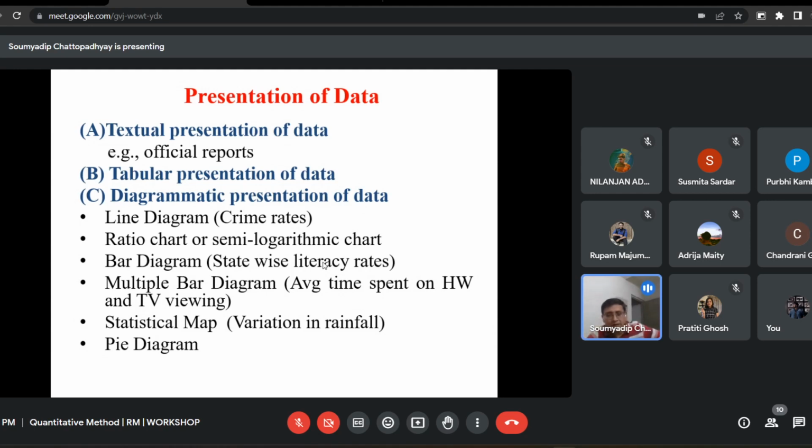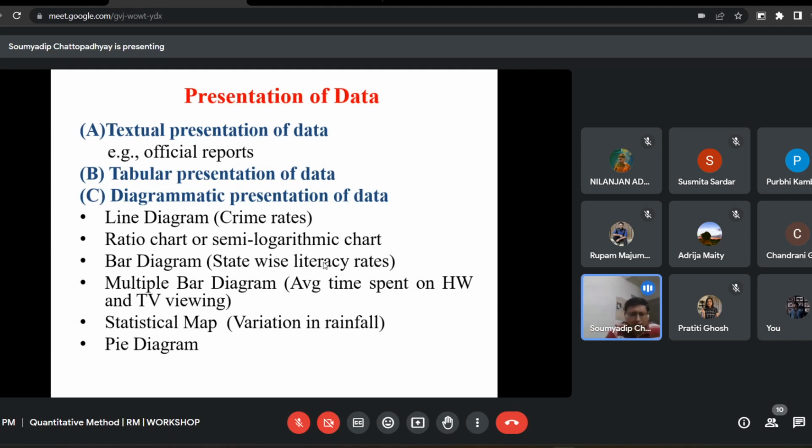Although all of us are familiar with this kind of thing, when we examine different MPhil or PhD theses, unfortunately it has been observed that many of us do not know how to properly represent the data in a tabular form. Even a table has a specific format which we need to follow in order to represent data in a proper way. And apart from that, there are various diagrammatic representations of data.